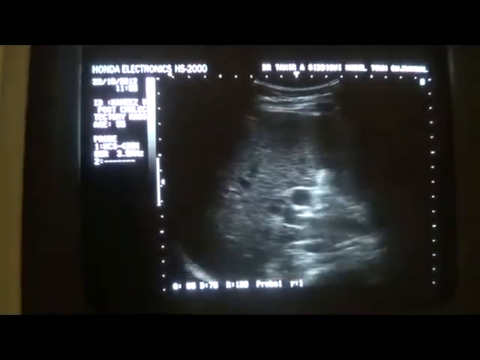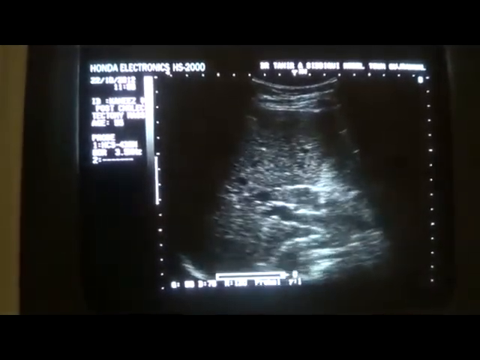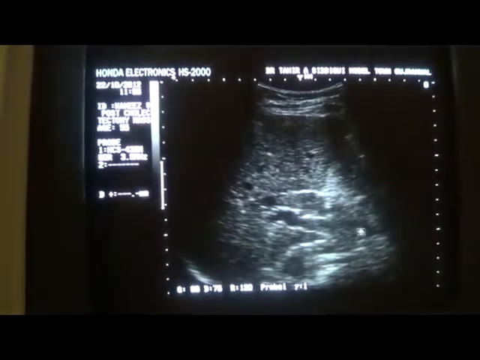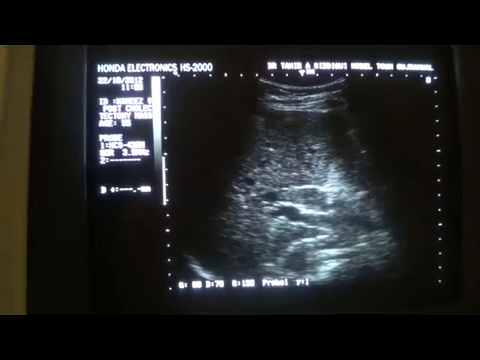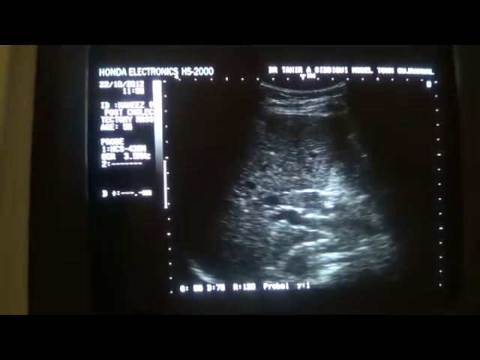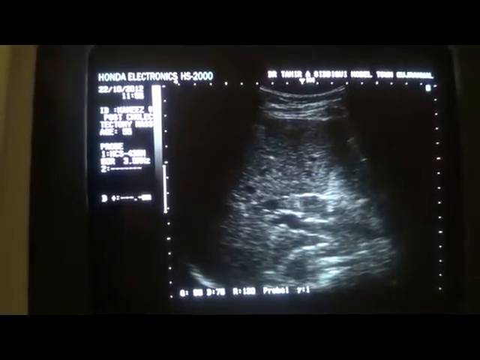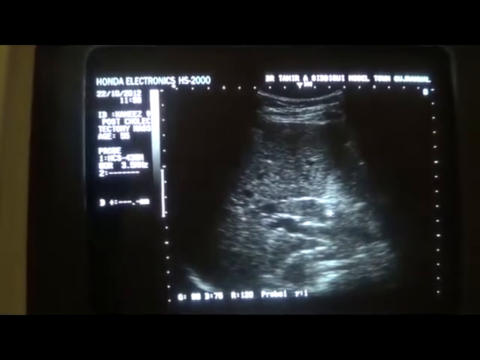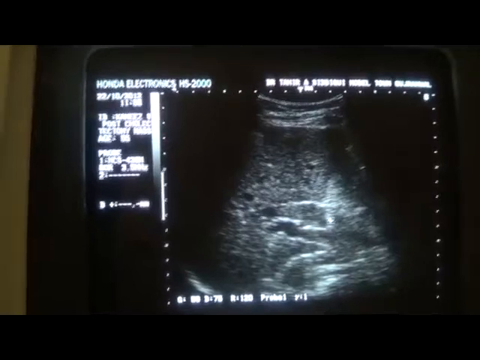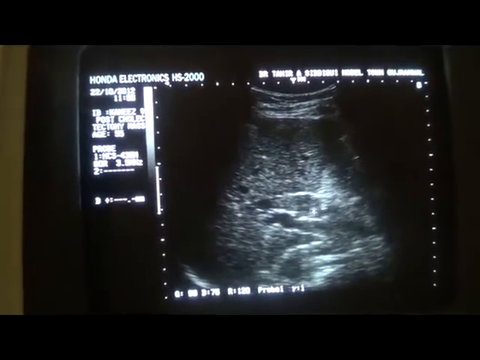Here you see that this is the portal vein. This is the hepatic artery, transverse section. This is the common bile duct, and it is filled with echogenic material of different strength and with tiny echogenic areas as well.